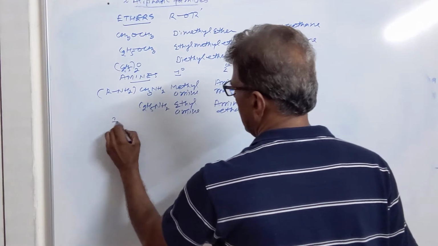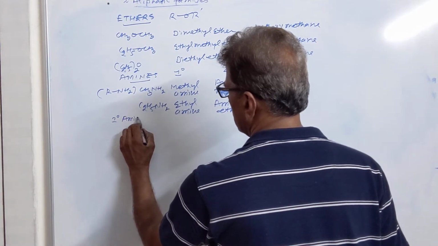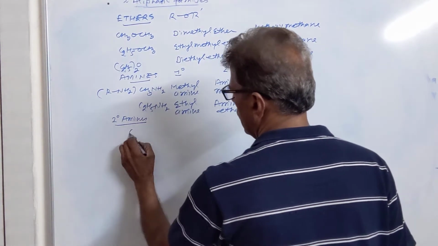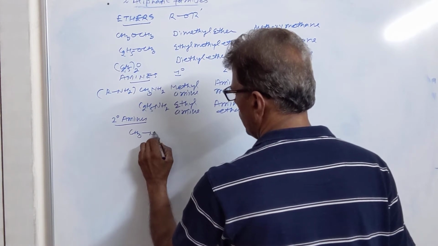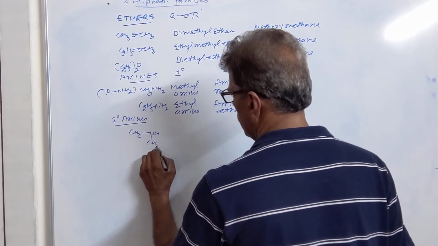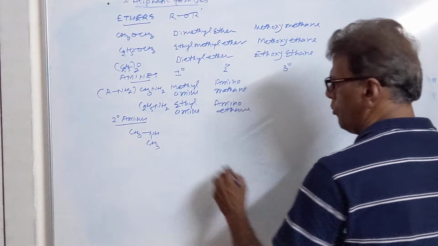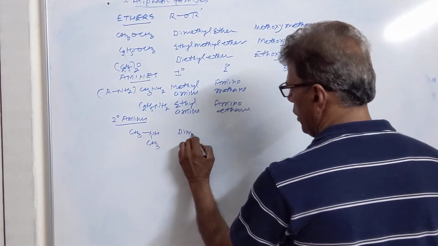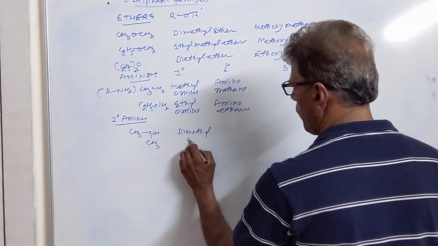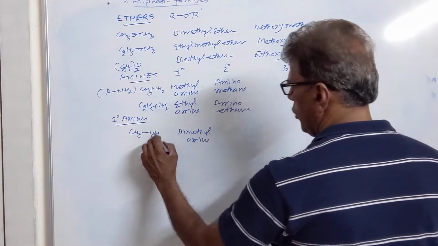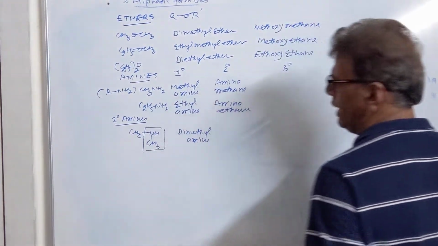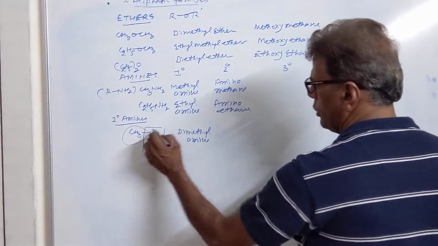Then we have secondary amines. They have two alkyl groups attached to ammonia, two hydrogens replaced by alkyl group. This is commonly dimethylamine. IUPAC name, one is amine, methanamine, another is substituent.